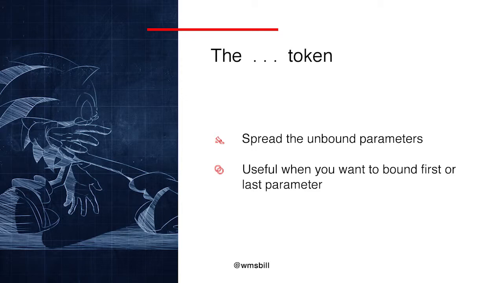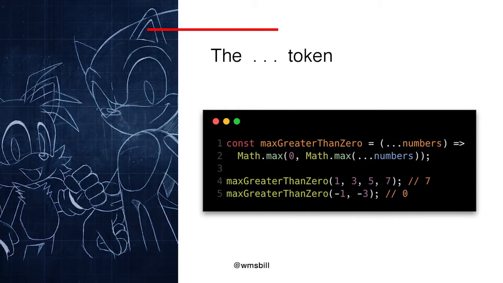The ellipsis token just spreads the unbound parameters there. And it works whenever you want to bind only the first or the last parameter, because the question mark only allows you to place one in the function call. So I have a small example to illustrate, which is this function max greater than 0, that usually we can achieve by doing this.